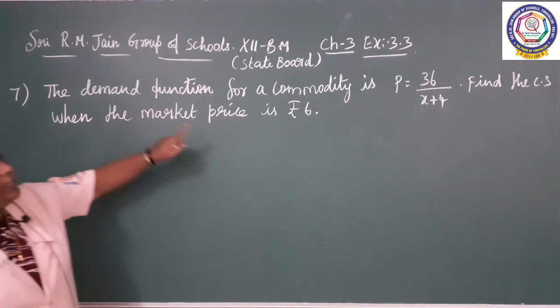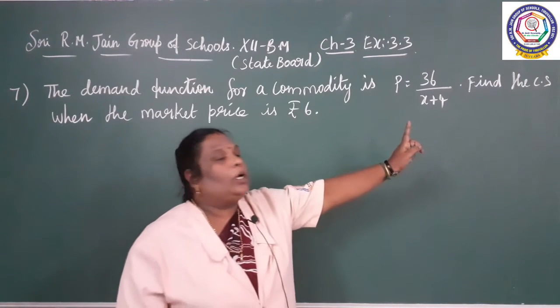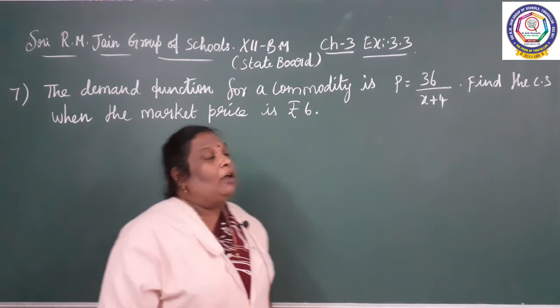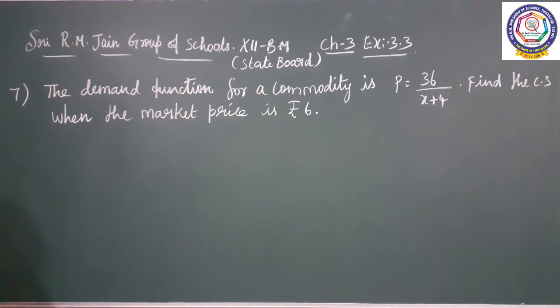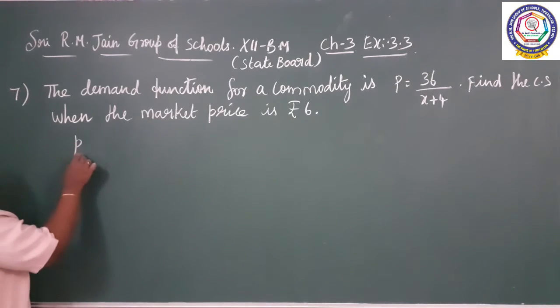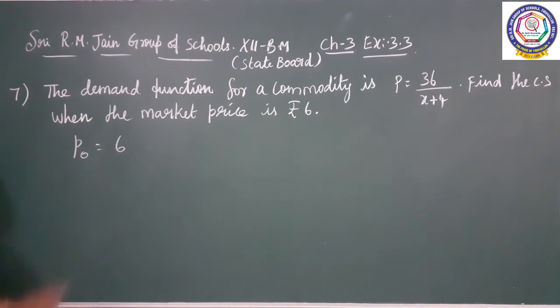Seventh sum: the demand function for a commodity is P equal to 36 by x plus 4. Find the consumer surplus when the market price is, what is that market price? That is P. You can take it as P naught equal to 6. P naught equal to 6, market price. Okay.